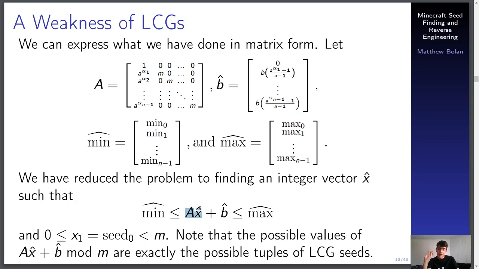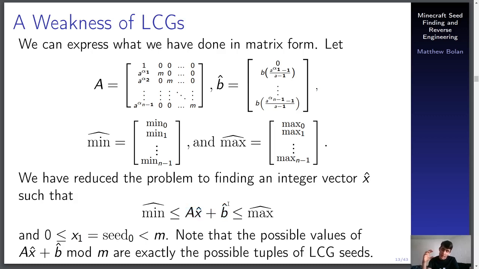That is ultimately the structure that we're going to be trying to understand this video, because the fact that you can write a tuple of seeds at indices in this form, this is the weakness of LCGs.